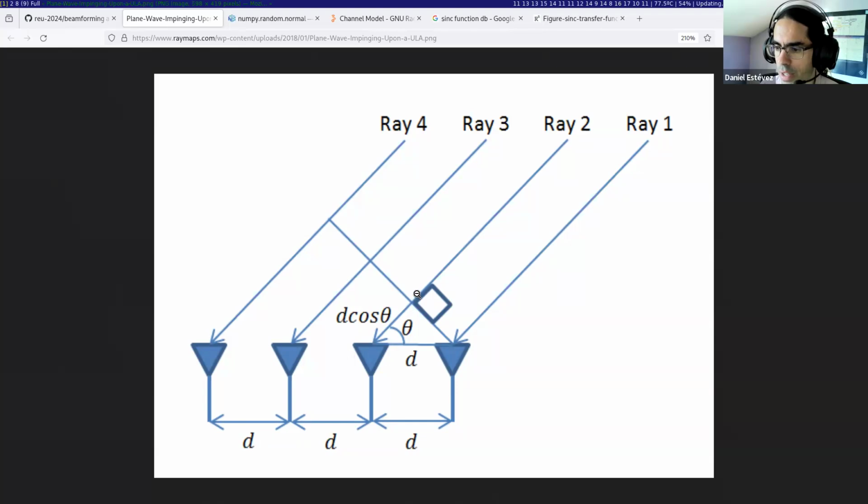What changes is that the formulas are not so nice anymore. So if I have my antennas somewhere else, you can still compute the length of each of these segments, which is the extra delay. That's basically the only thing you care about.